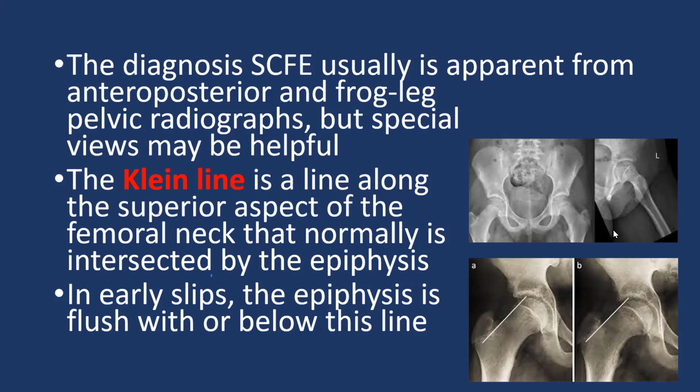It is a line along the superior aspect of the femoral neck that normally is intersected by the epiphysis. In early slips, the epiphysis is flush with or below this line, as is shown in B. Pay attention to this, guys, pay attention.